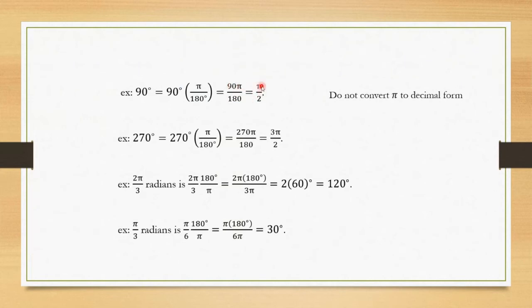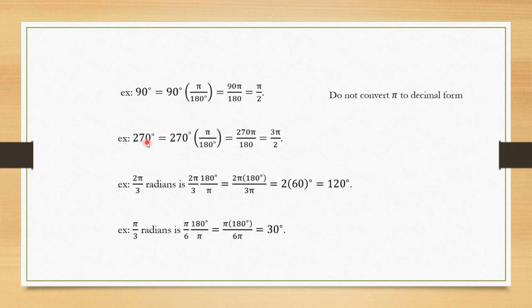So you end up with this. Our answer, I didn't write out the word radians, but it's understood this is in radians. And the answer has pi in it. That's okay. That's very common. When you're dealing with an angle in radians, it is common to have the pi in there.